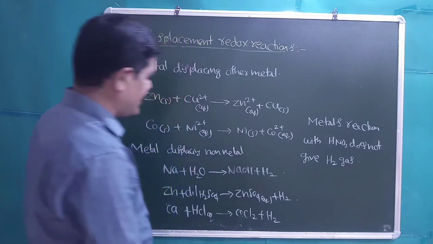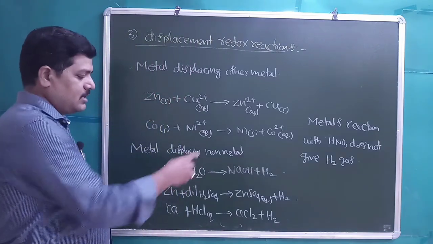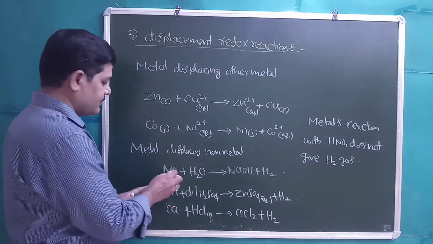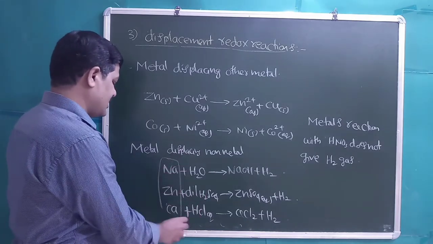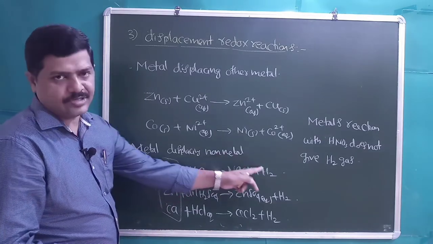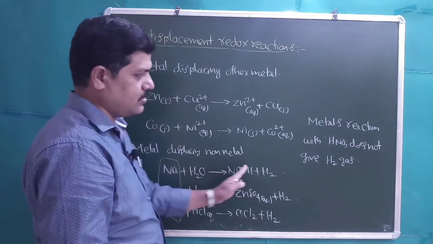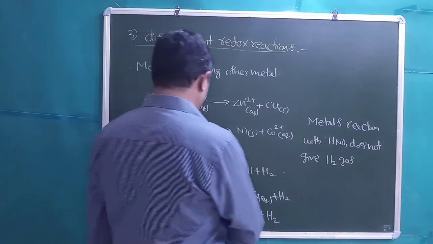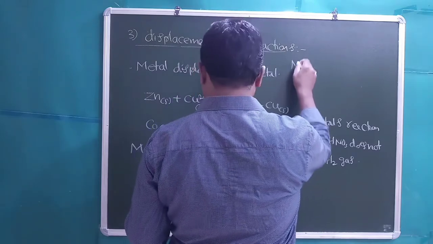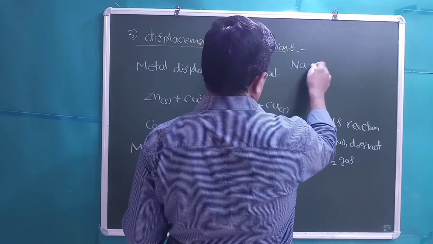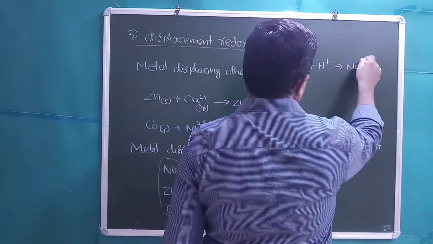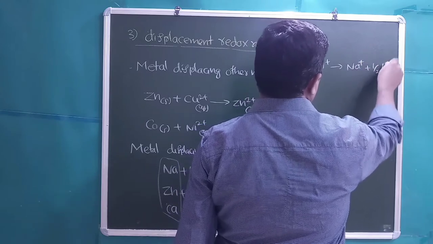Generally, students, when metals react with water or with dilute mineral acids, being reducing agents, they will reduce H+ into H2. For example, if we take Na reaction with HCl, Na plus H+ gives Na+ plus H2, right?